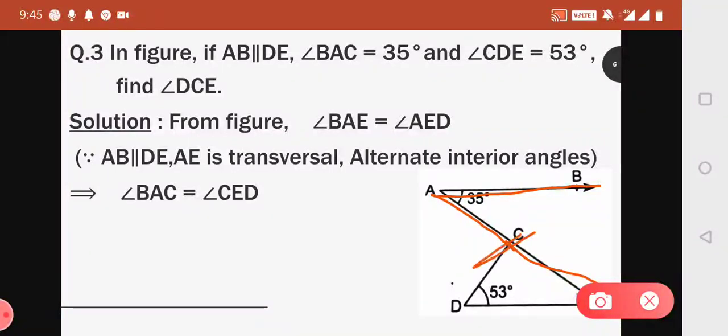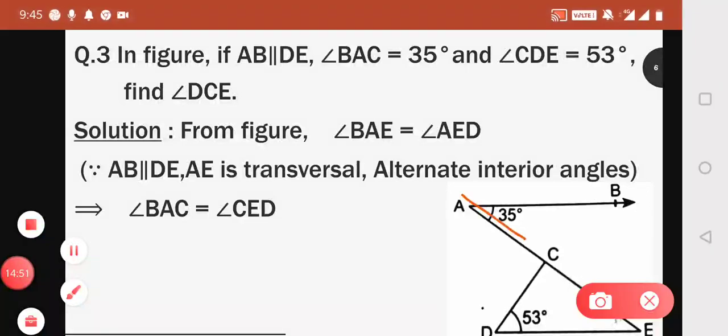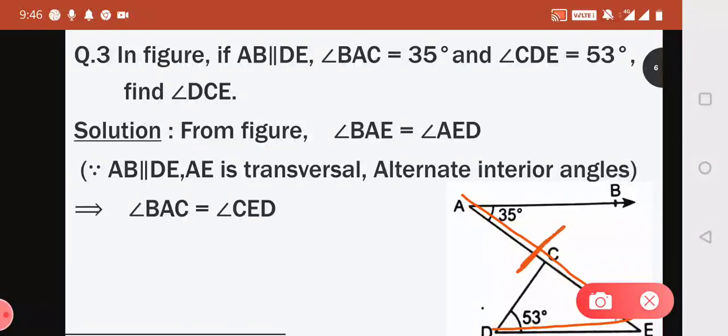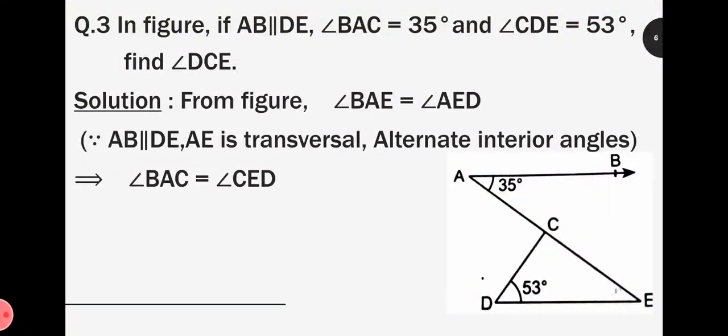Till here also we can write, that is BAC, and in place of AED, this is your angle AED. We cannot write A, but we can write C because C is the part of line AE. So we'll write till here only, that is CED. So we take angle BAC equals angle CED.